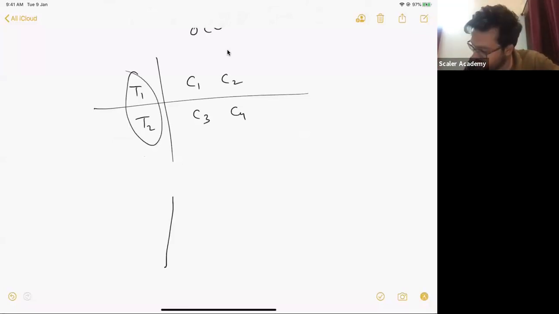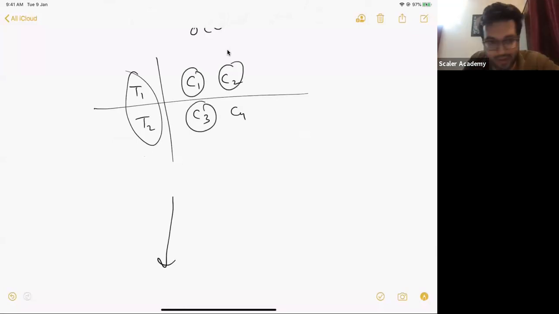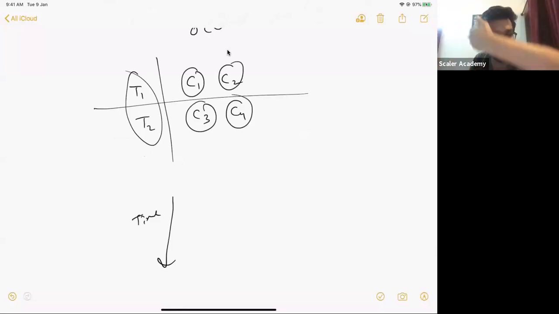Do you understand that for these fundamental, unitary operations, there would be different orders in which they can be executed? Let's assume this is the time axis. Can somebody tell me the number of ways in which these operations can be performed?